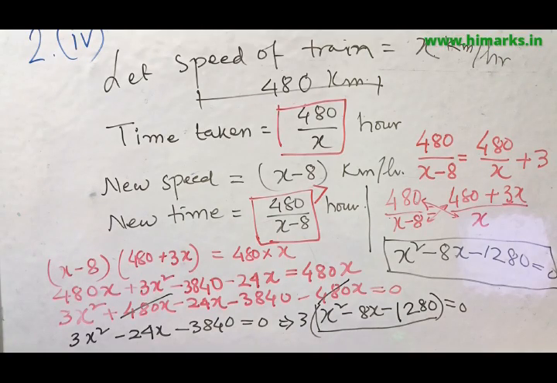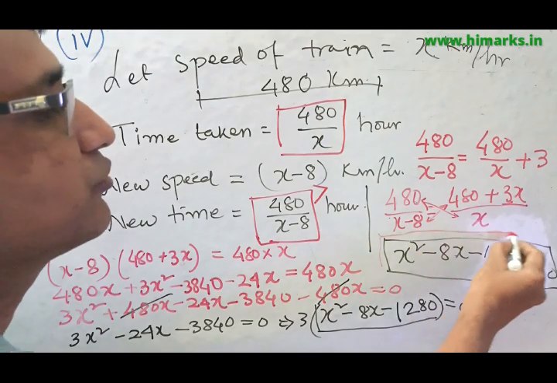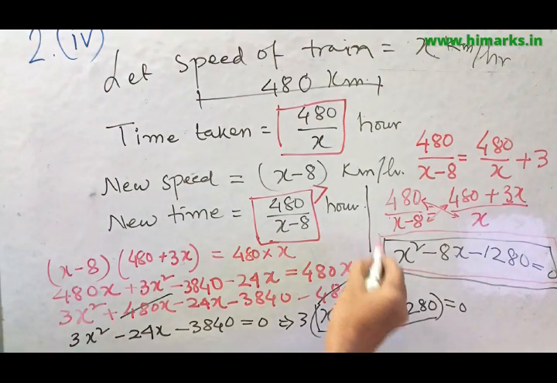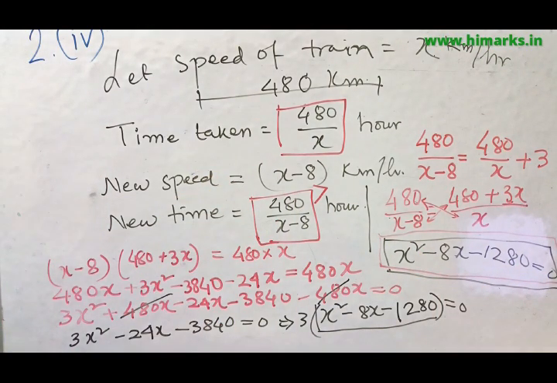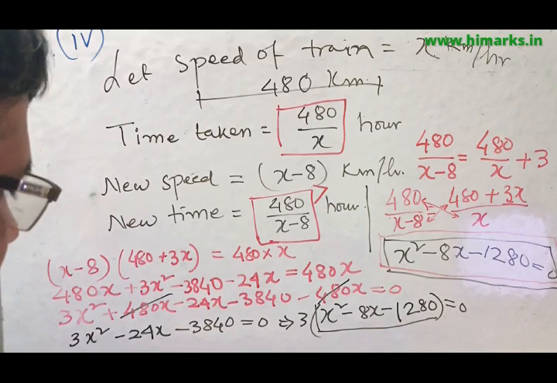So from here, if we solve for x, from this equation, then you will get the speed of the train. Hope you have understood that. Okay, check the calculation carefully. If any mistake has happened, it needs to be corrected.